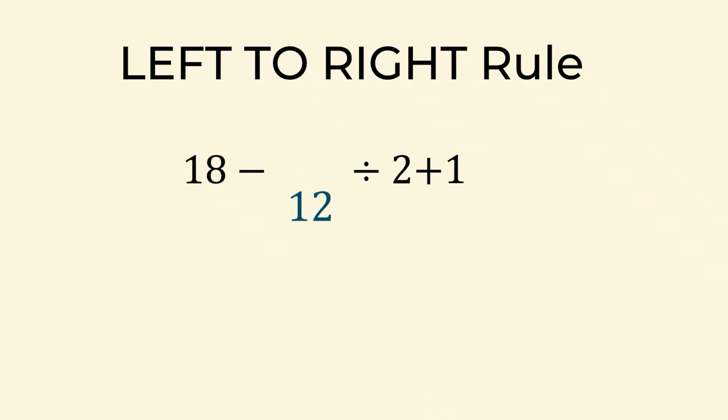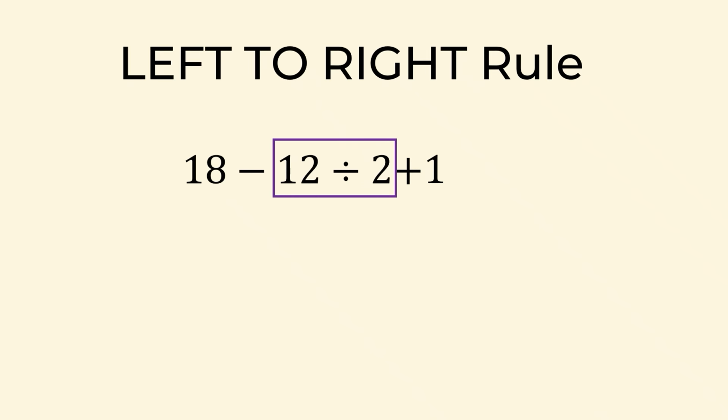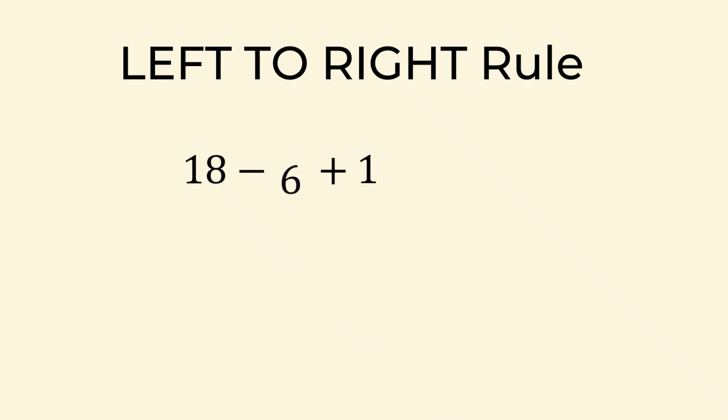That equals 12. Our new expression is 18 minus 12 divided by 2 plus 1. Step 2. Still on tier 3, moving left to right, the next operation is 12 divided by 2. That equals 6. Expression 18 minus 6 plus 1.